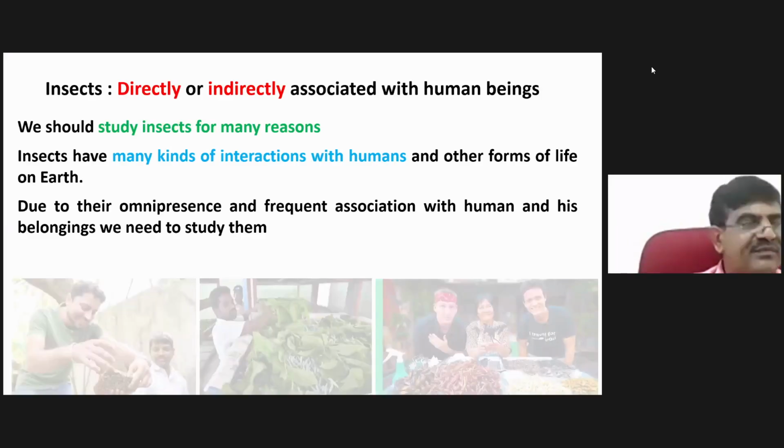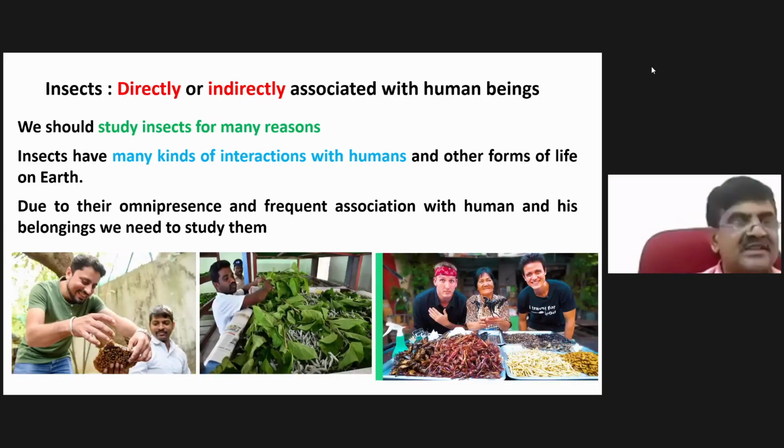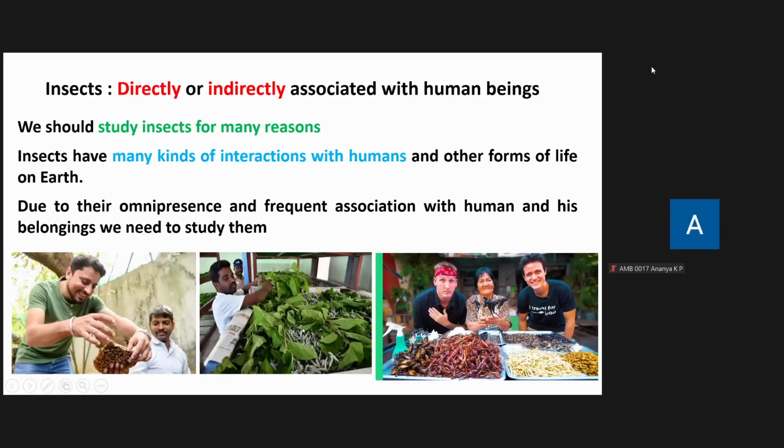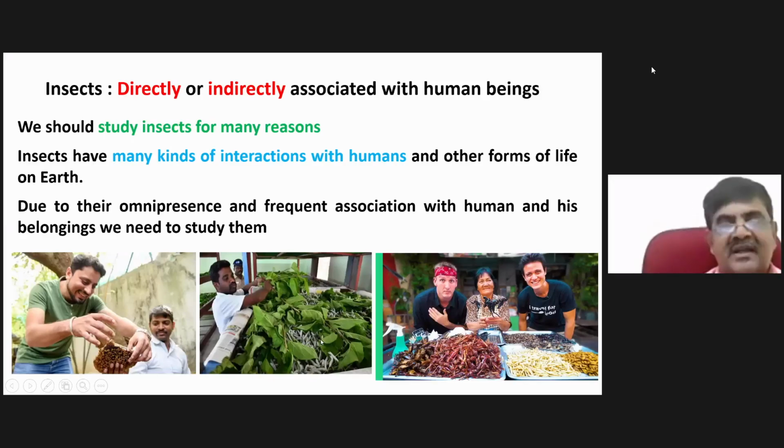There are some beneficial insects. For example, if you take honeybees, human beings are associated with honeybees for the purpose of honey or pollination. Similarly, for silk, human beings are dependent on the silkworm. Similarly, in countries like Thailand and China, insects form important food.